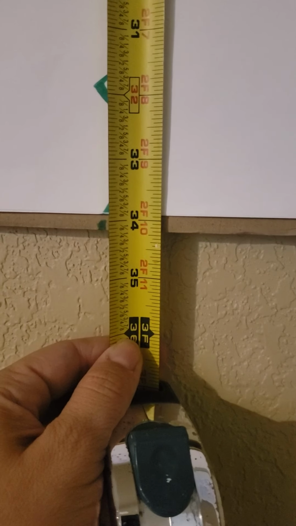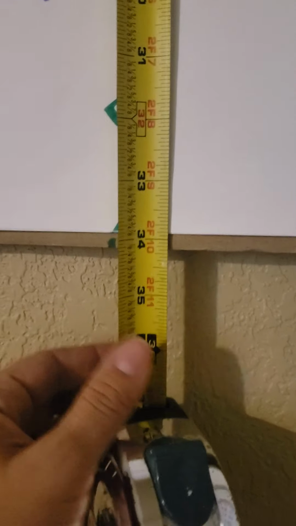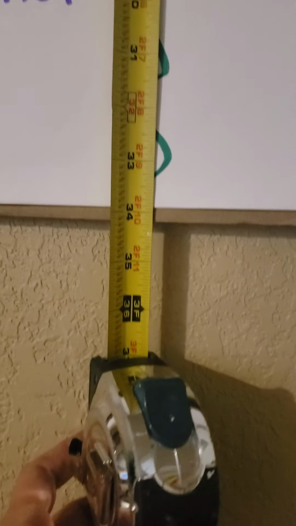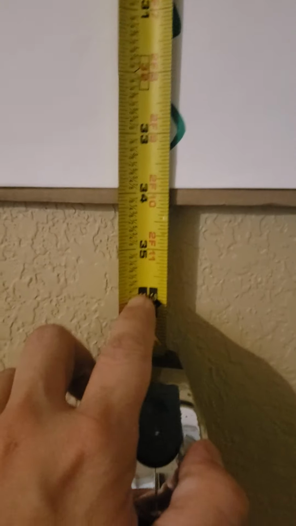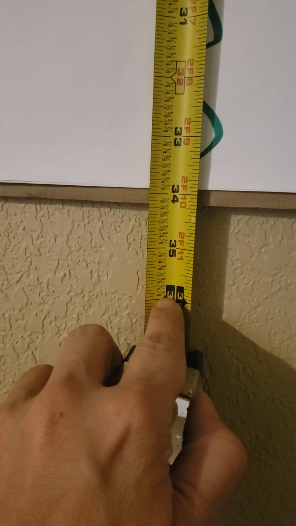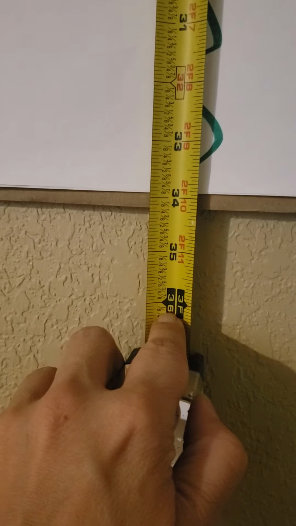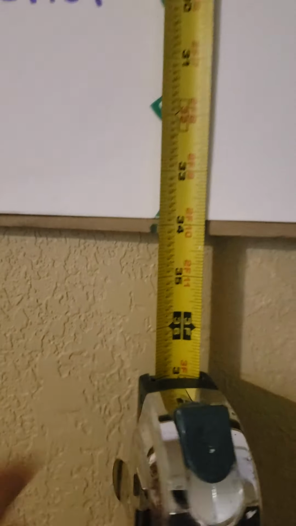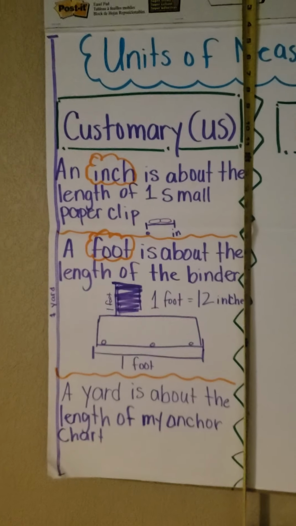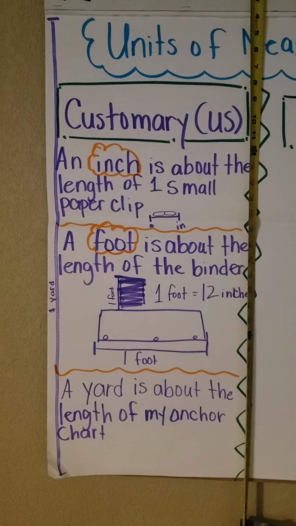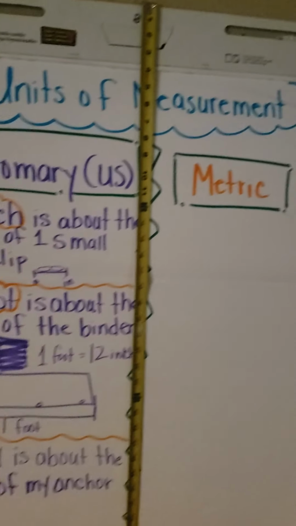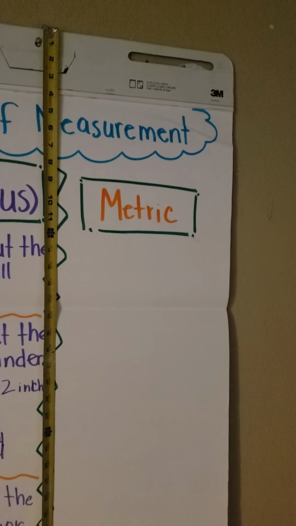So it's 3 of those rulers put together, or if you have a measuring tape like I do right here, you can stop it right here where it says 3 feet, or right underneath it, it says 36, and that would be inches. So on my anchor chart, we put customary units: inch, foot, and yard. Now we're going to move over here and talk about the metric system.